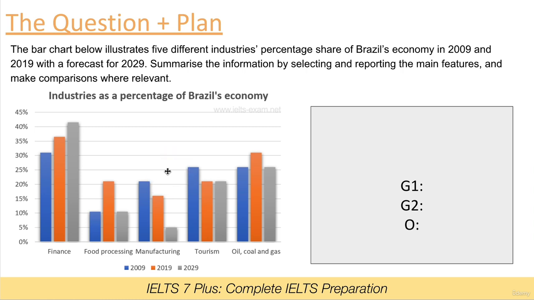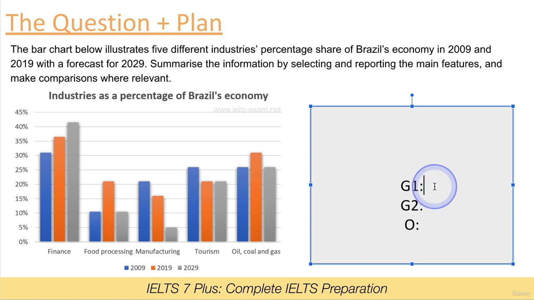So perhaps we could do finance and oil, coal and gas, and tourism, because they are all higher than say 20% of the share. And then we could look at food processing and manufacturing, because they are mostly under 20%, perhaps.